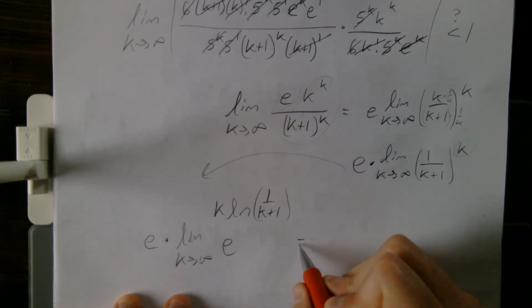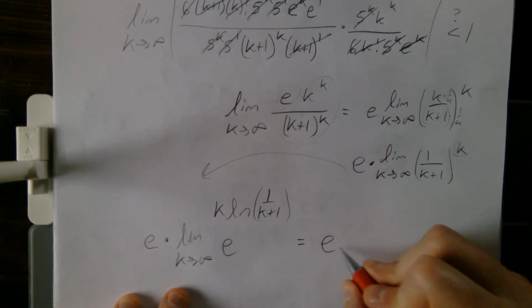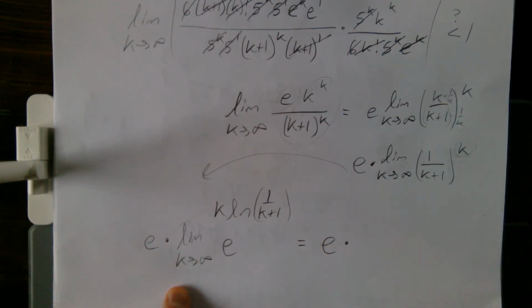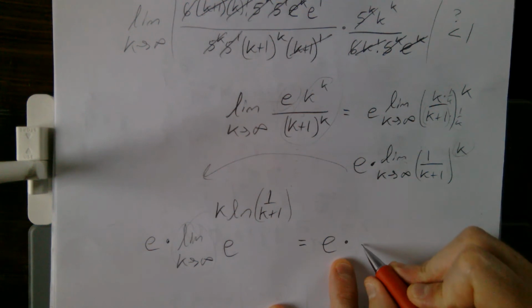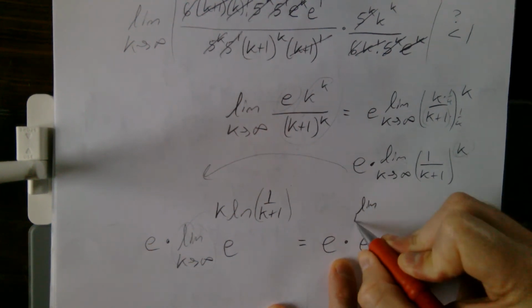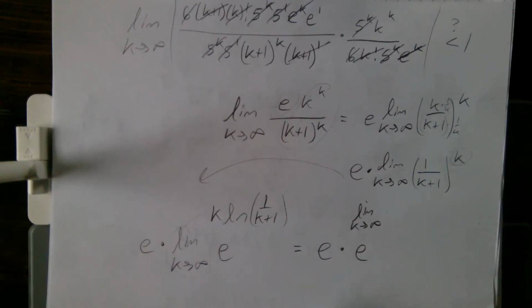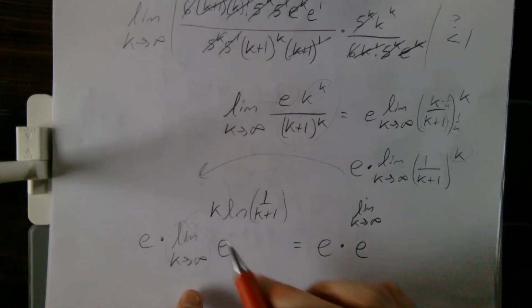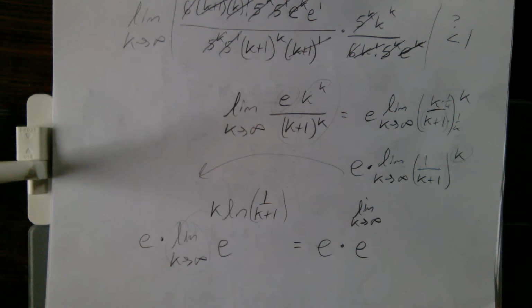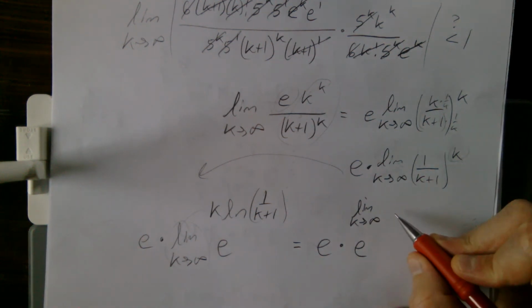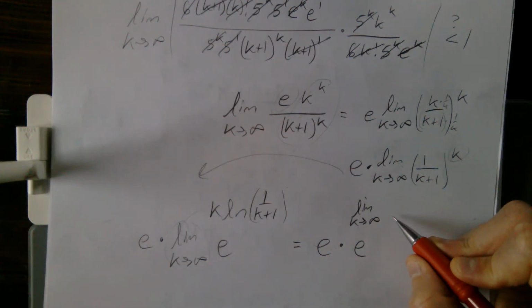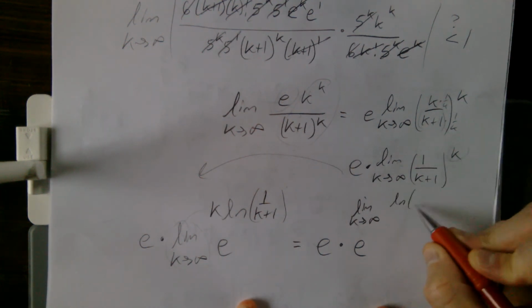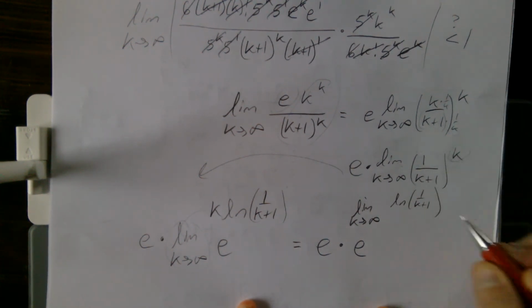And so, again, e times, I'm going to bring this limit up top, e to the limit. That's a property of limits you can use since e is a constant. Limit of e to some power of k equals e to the limit of that power of k. And so we have the limit of natural log of k over k plus 1.